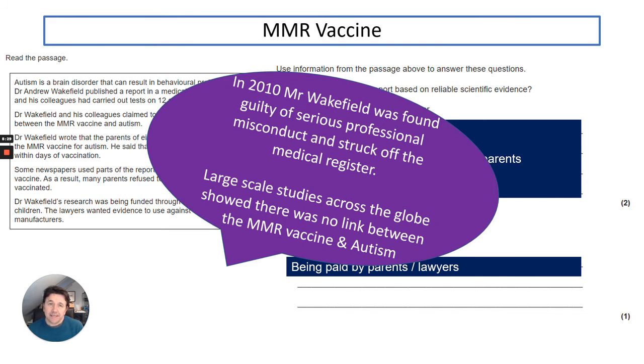I'm going to add here, though, that in 2010, Mr. Wakefield was found guilty of serious professional misconduct, and he was struck off the medical register, so he was no longer able to practice as a doctor in this country. And I need to tell you that large-scale studies across the globe have showed that there is no link between the MMR vaccine and autism.